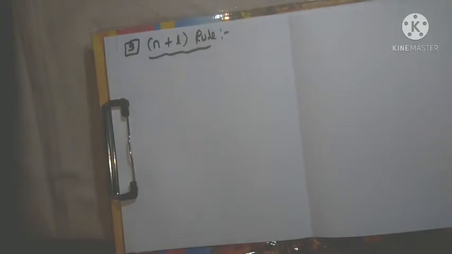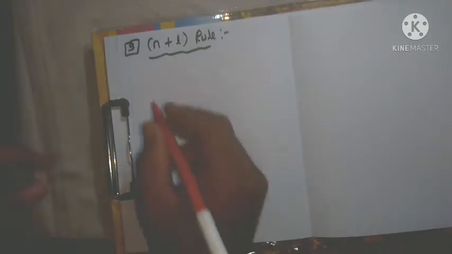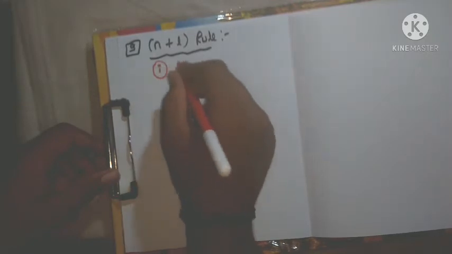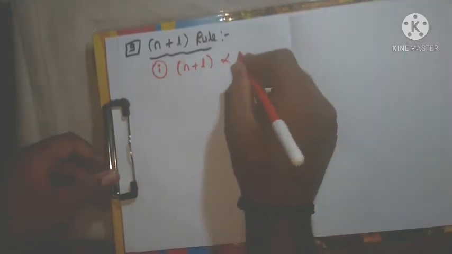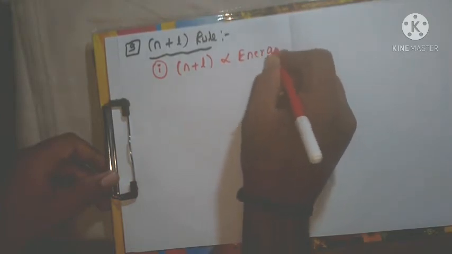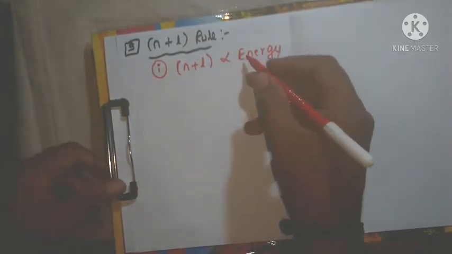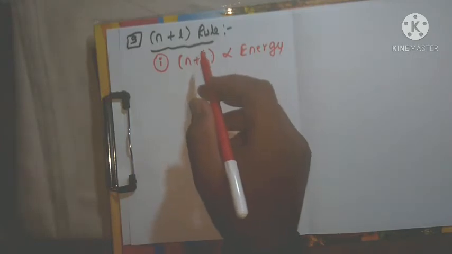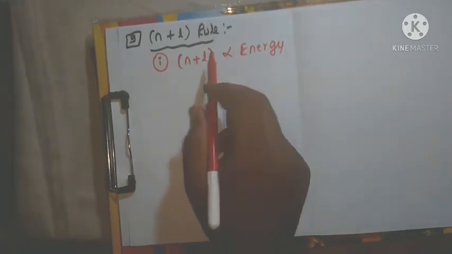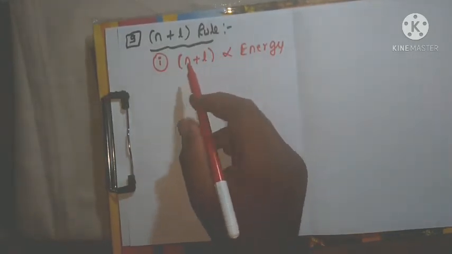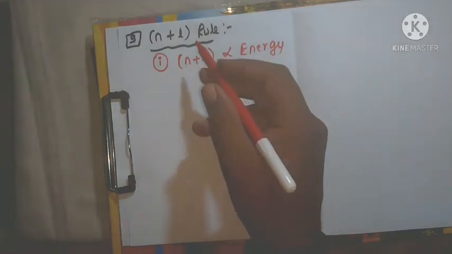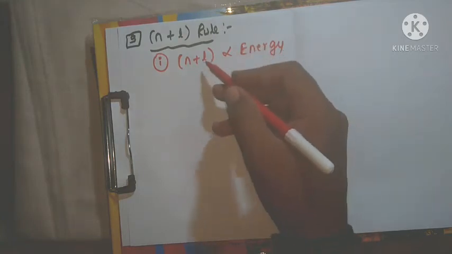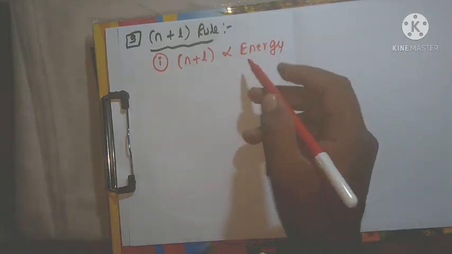Now I will tell the rules directly. Already we have discussed in the theory classes. The first rule is, if the subshell is having higher n plus l value, more will be the energy. You should identify the n value, you should identify the l value, then add both, that is n plus l. The subshell which is having higher n plus l value, more will be the energy. Lesser n plus l value, less will be the energy.